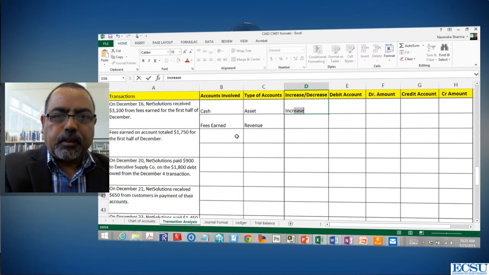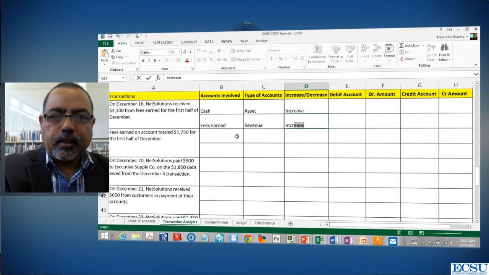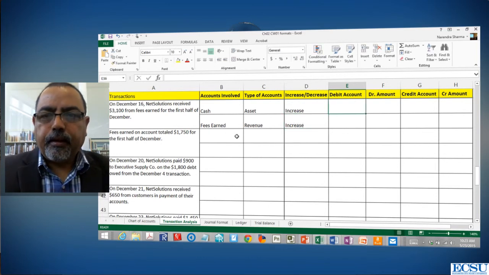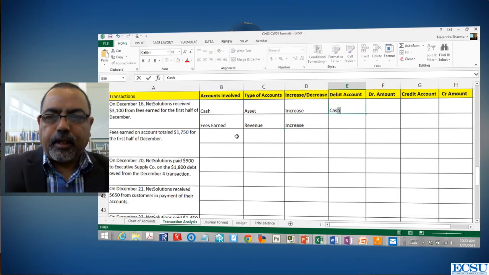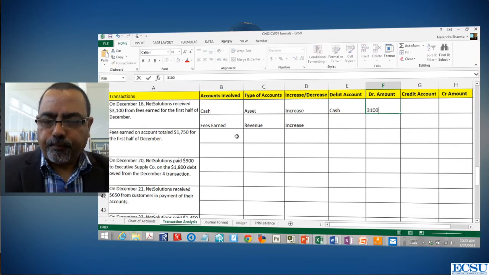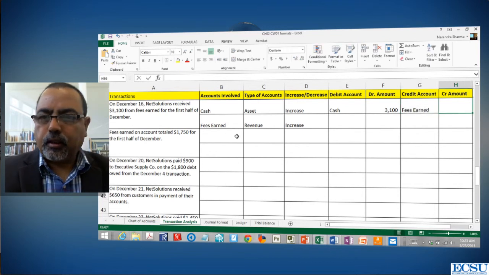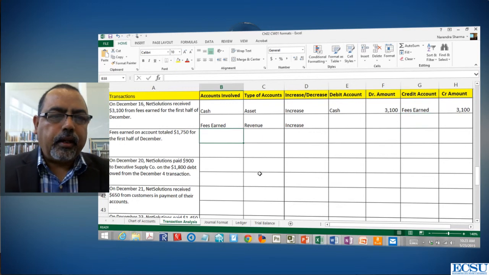Cash is increasing because I'm receiving it. And fees earned is also increasing because I have earned it. So I'll be debiting cash with the amount of how much? 3,100. And fees earned would be credited with 3,100 as well. So that is how you handle it.